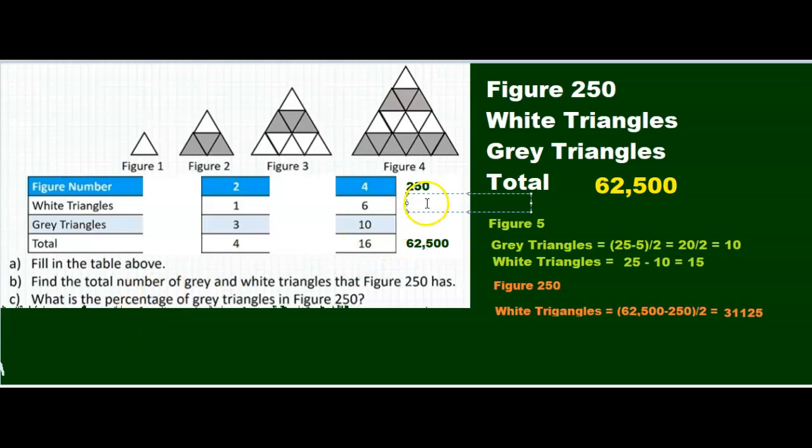So we can say that the number of white triangles is 31125.